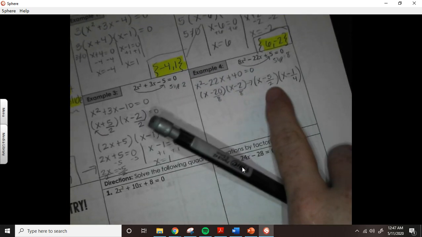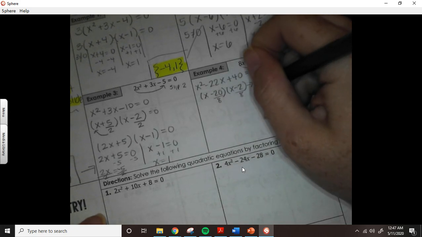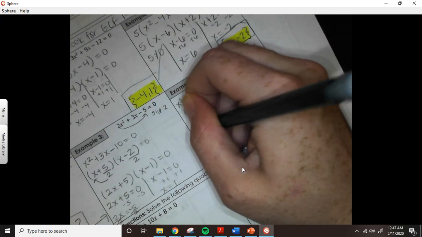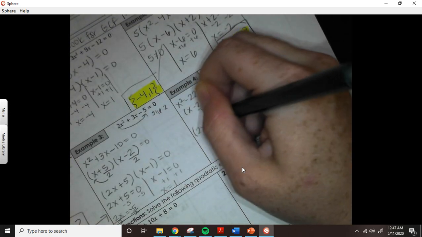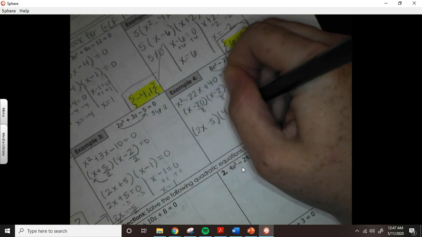So this is the reduced version of this. Now we're going to take this and slide it because we can't reduce any further. So now our true equation is going to be 2x minus 5 times 4x minus 1 equals 0.